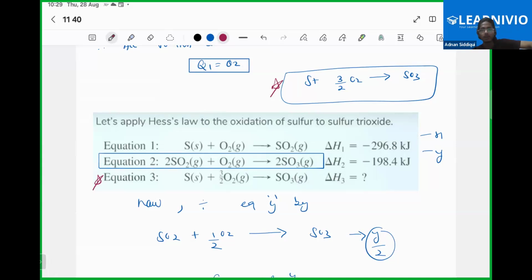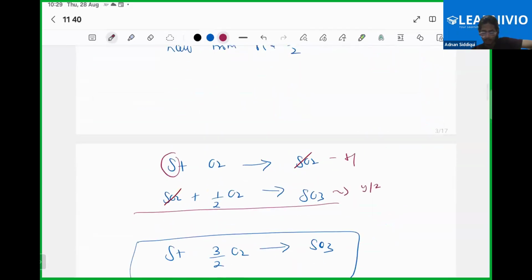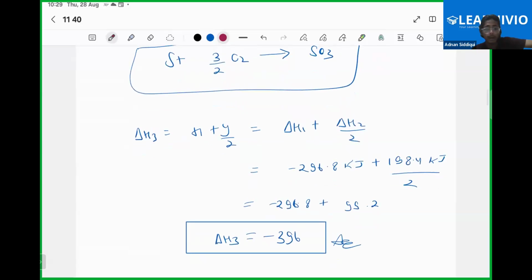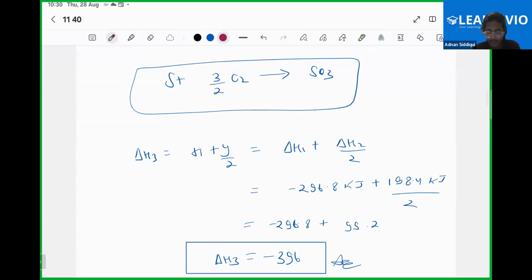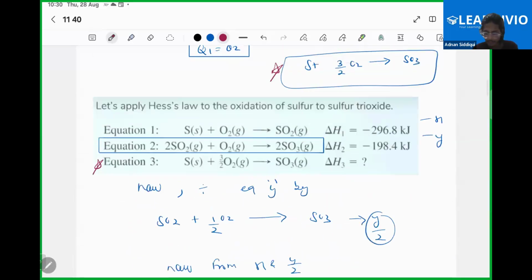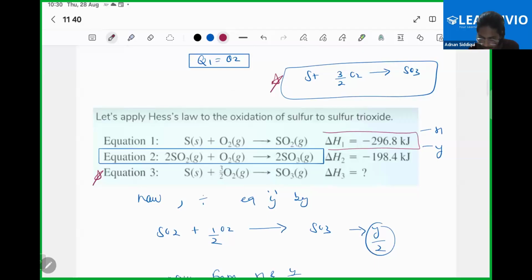Yes. So what we are going to do here, to find the enthalpy value for the third equation, the delta H3 value, is add equation x and equation y and divide it by 2. We took equation x, and we have its enthalpy value.